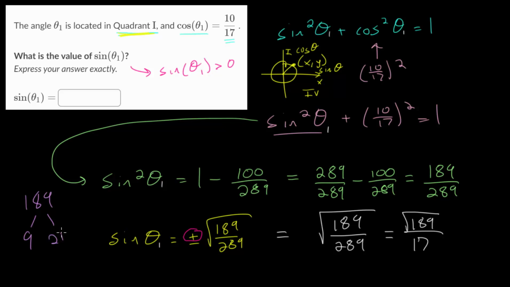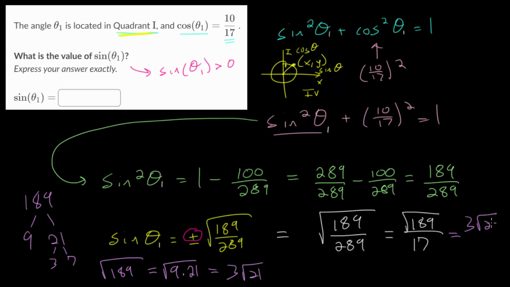And 9 times 21 gives us 189, and 21 is 7 times 3. But 9 is a perfect square, so we can simplify the square root of 189 into 9 multiplied by 21, and we can actually take a square root of 9. So this is 3 times the square root of 21, and we can rewrite the sine of this angle as 3 root 21 divided by 17.